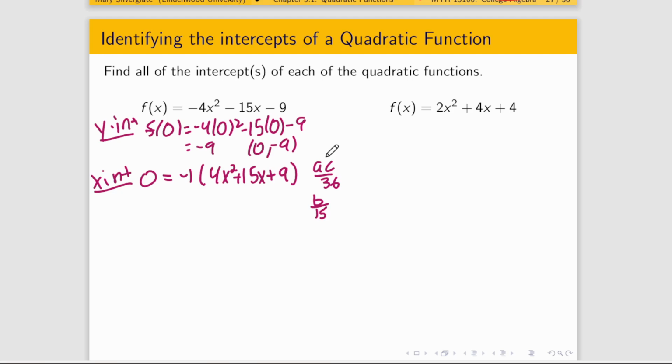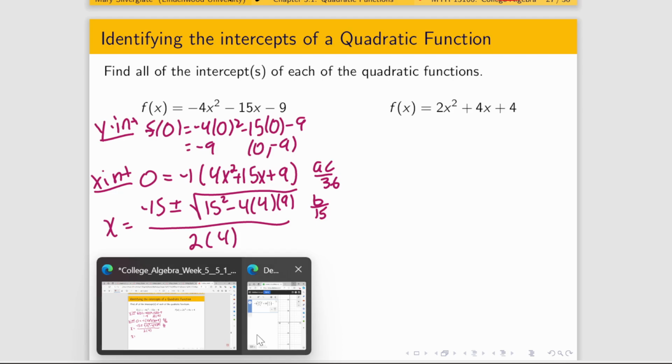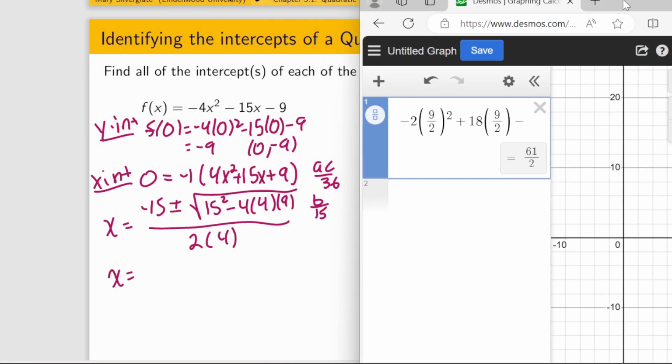So we instead need to use the quadratic formula again. So x is the opposite of b, plus or minus the square root of b squared minus 4ac, all over 2 times a. So let's continue simplifying this. These numbers have gotten big enough that I'm going to start breaking out a calculator.